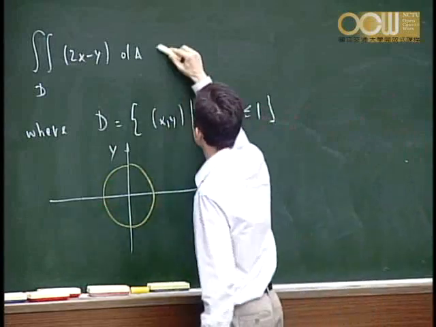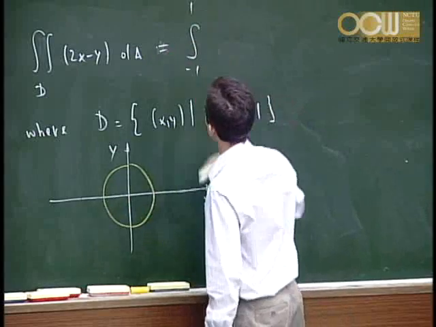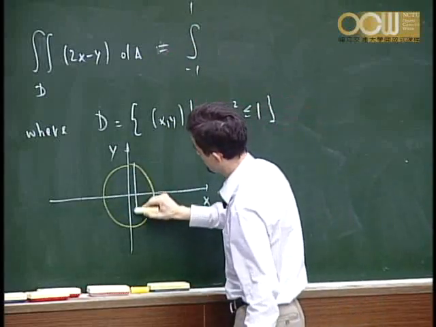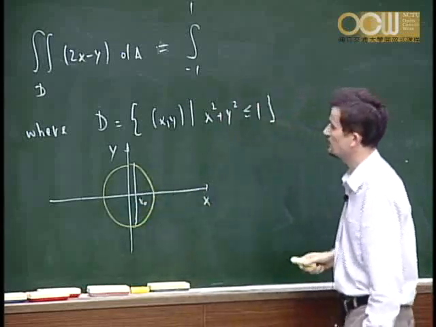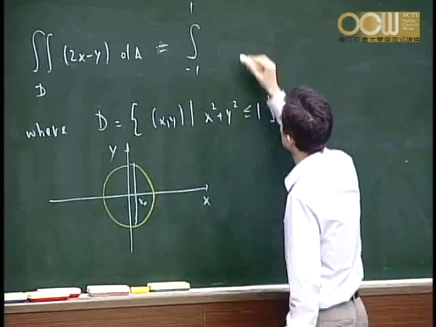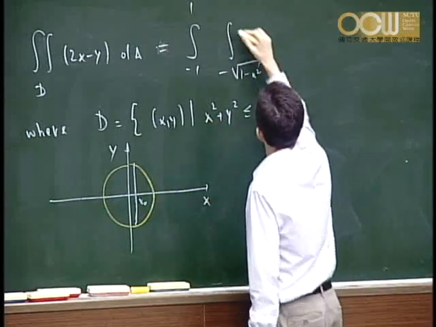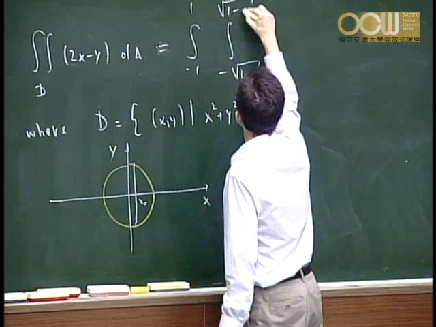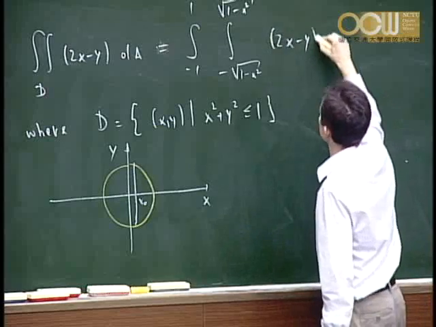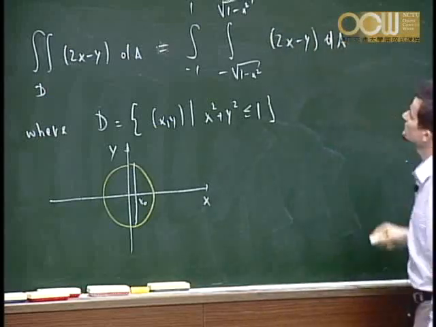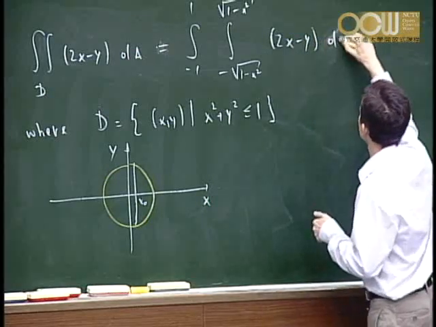So you have x from -1 to 1, which means you fix some x value x0 between -1 and 1. And now with y, you go from minus the root of 1 minus x squared to the root of 1 minus x squared. And then you have 2x minus y dA. Because we use Fubini, the dA becomes dy dx.